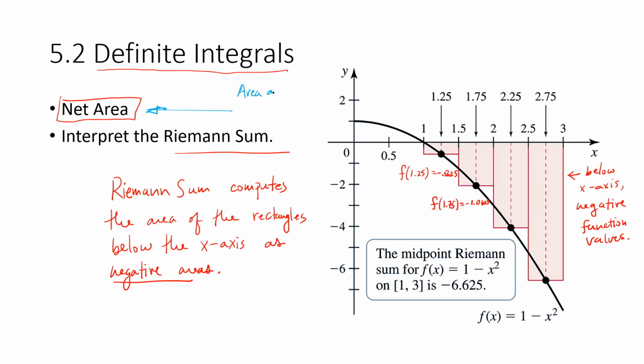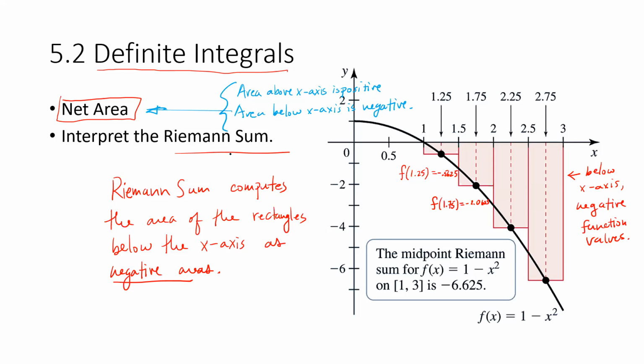So area above the x-axis is positive, and the area below contributes a negative quantity. So those two things combined together give us the net area.